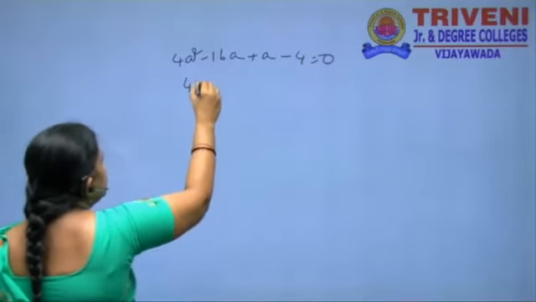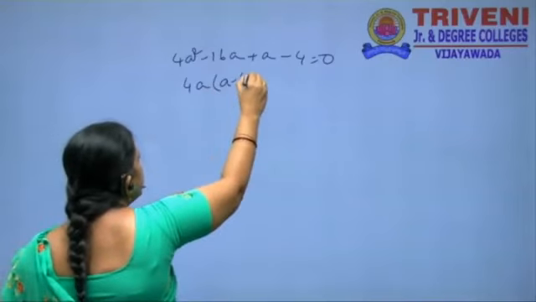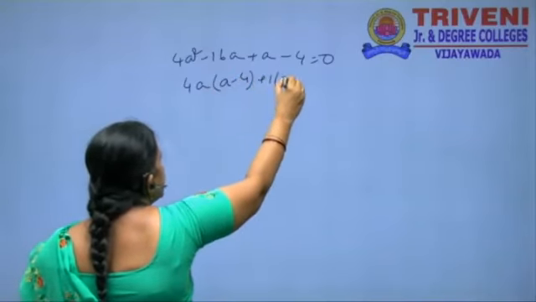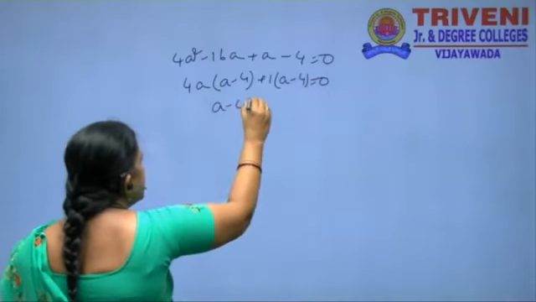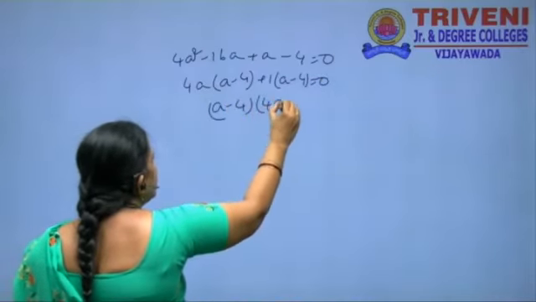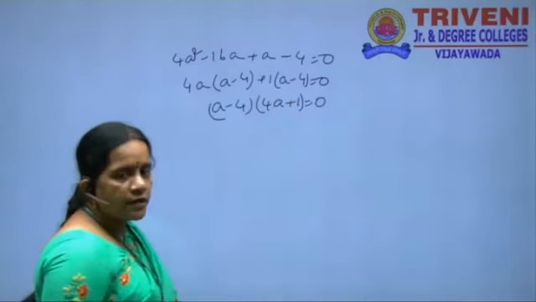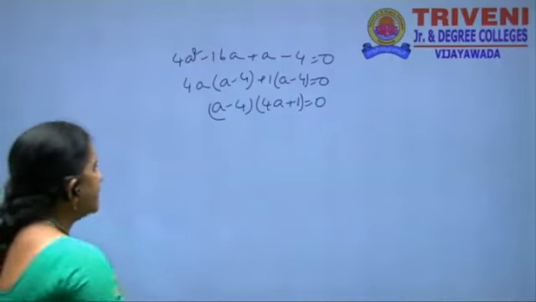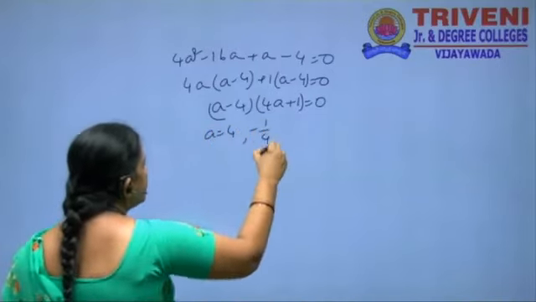In the first two terms we have 4a common, that is 4a into a minus 4, and here 1 will be common, a minus 4 is equal to 0. In total, a minus 4 is common, so a minus 4 into 4a plus 1 is equal to 0. Here a has two values: a is 4 and another a is minus 1 by 4.